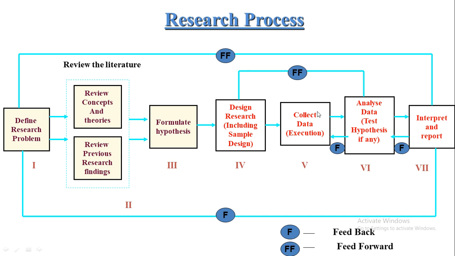Then we collect data, using primary or secondary data. We can collect data through field observation, questionnaires, or interviews. Next we go for data analysis and testing the hypothesis if we developed a hypothesis. If not, we can simply analyze the data.